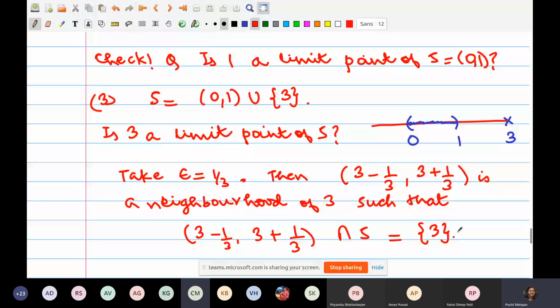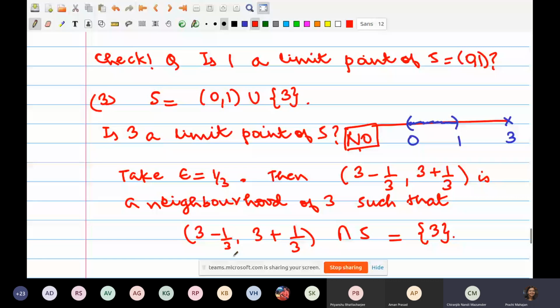Is this intersection resulting in 3? What else do you have in this set? See, S is this set: the open interval (0, 1), union the singleton {3}.